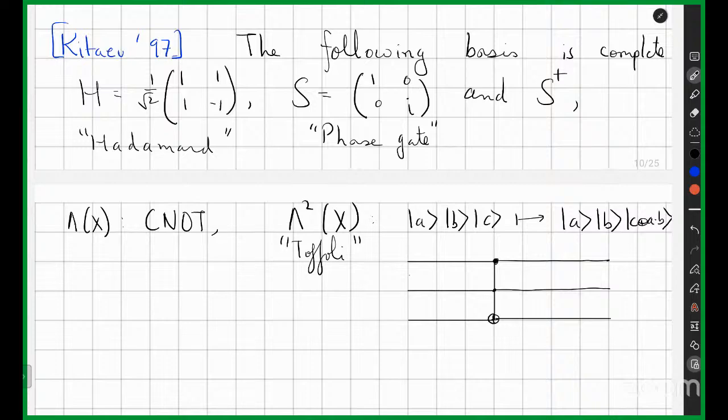By putting y equal to 0, you can read off f(x). So any classical circuit can be converted into a reversible circuit, and all you need is a NOT gate and Toffoli. So NOT and Toffoli is complete for classical reversible computation.